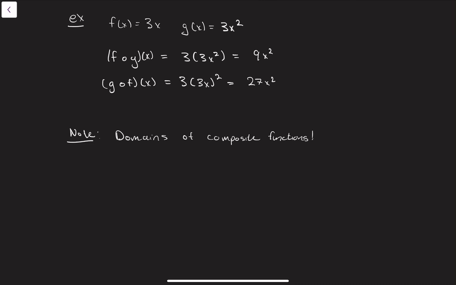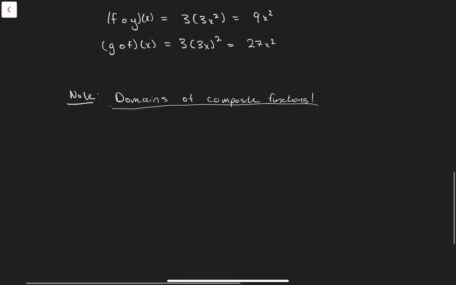This is very important. This is where I see a lot of people get tripped up when working with composite functions. When we're dealing with the domains of composite functions, we must keep the domain of the total combined function as well as the function we're composing with.